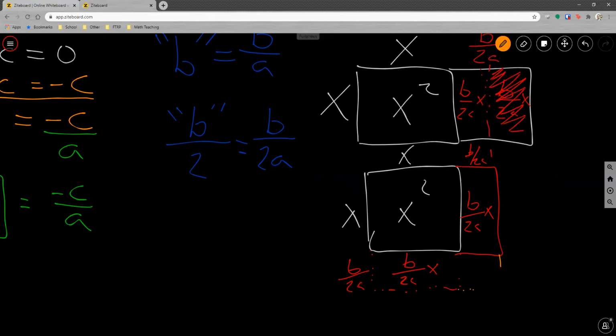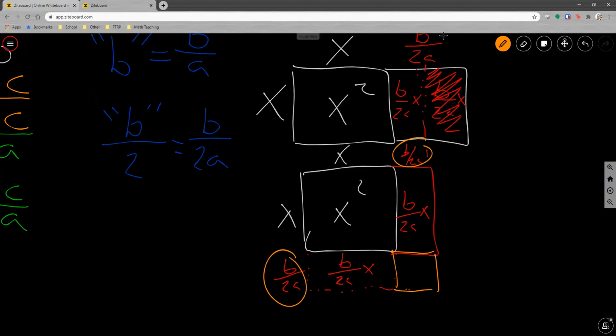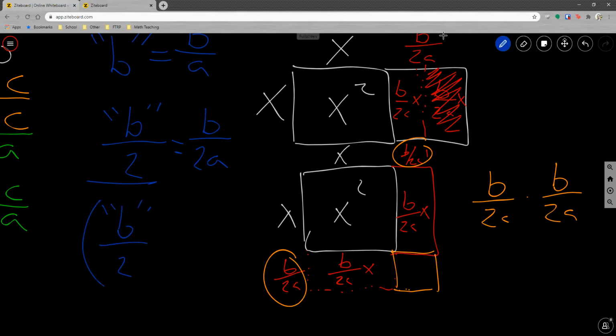The last part I need to fill in is this lower right-hand corner. I need to figure out what that is. But remember, that just means I'm going to be multiplying these two values together, b over 2a times b over 2a. In other words, I'm taking this second value from the list I've got here in blue, whatever my quote-unquote b value is, and squaring it.